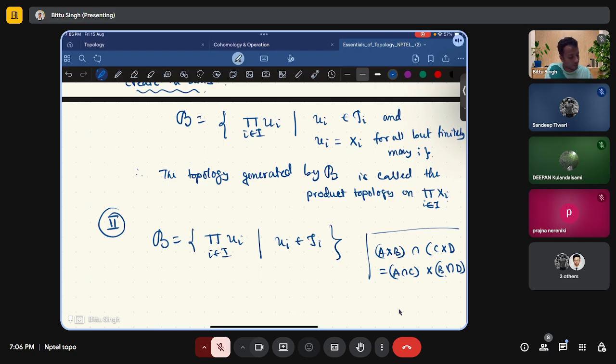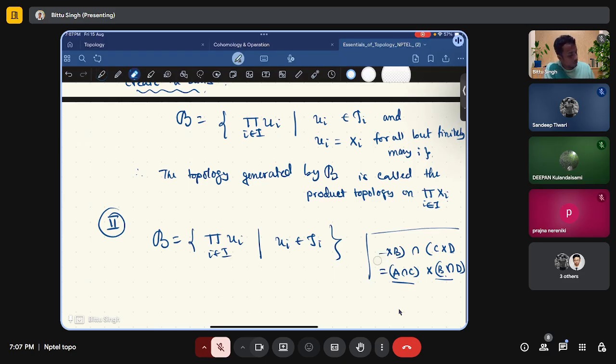The intersection of any two things will be open itself. The basis condition asks that for any point in the intersection there should be some open set contained in it. But here the intersection will again look like open cross open.